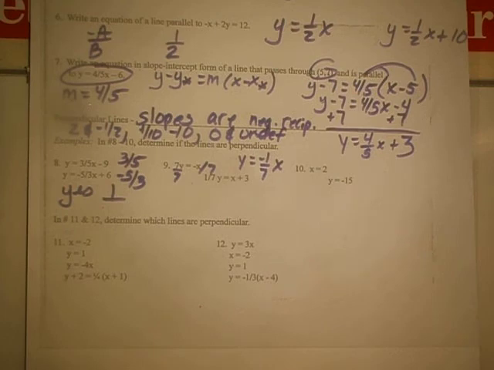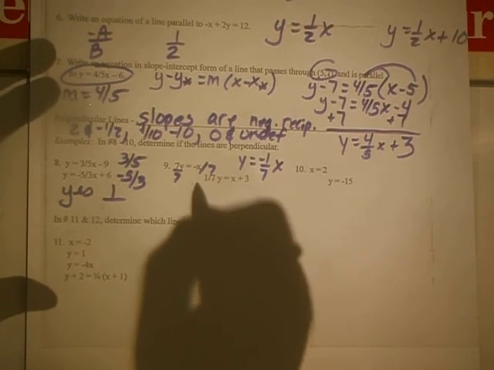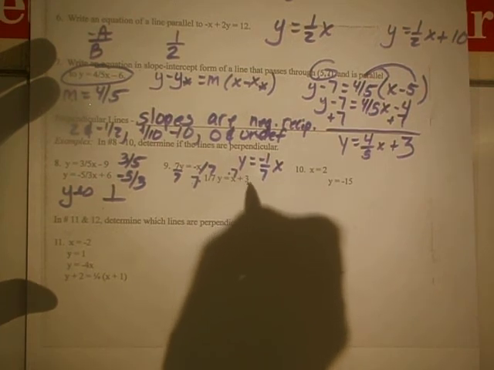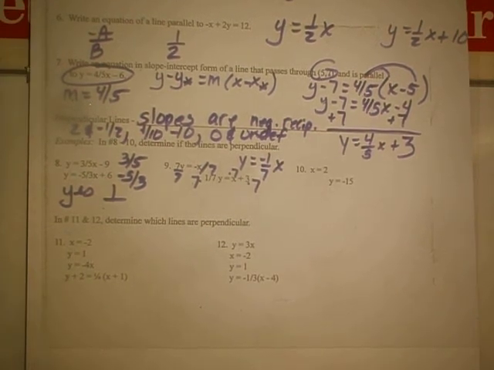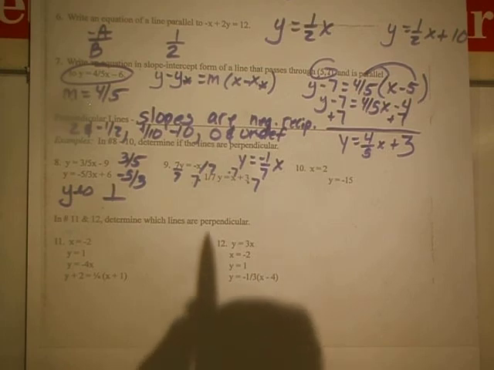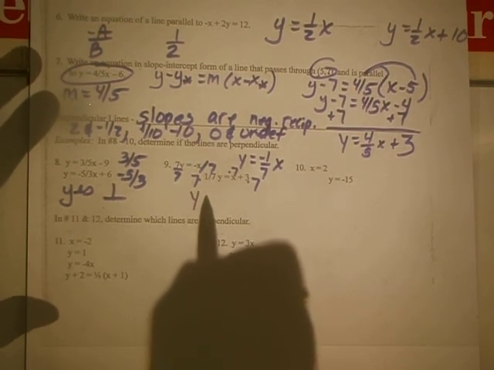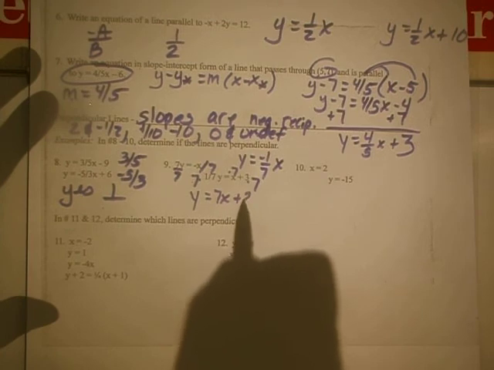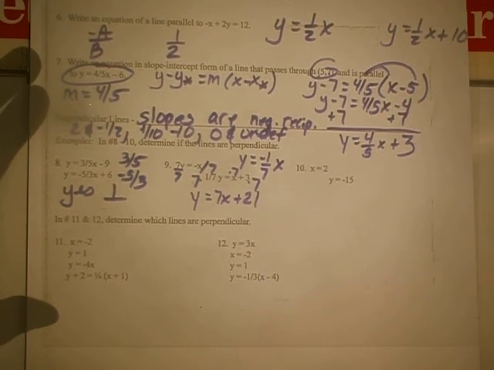And the second equation is 1/7 y, or 1 divided by 7 y. So we want to undo a divided by 7. To undo a divided by 7, we are going to multiply all 3 parts by 7. And then if we do that, we have y equals 7x plus 21.